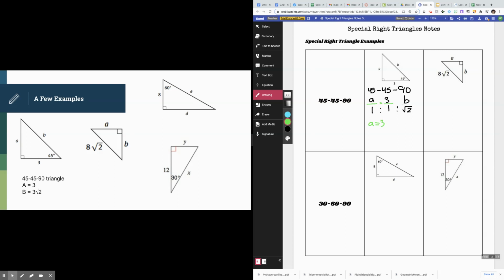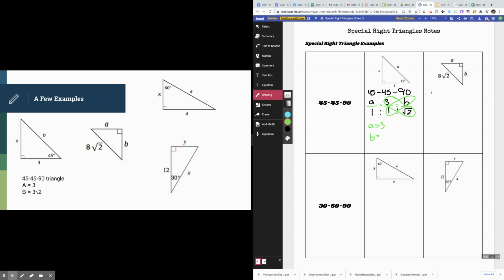Now, if I wanted to find B, that one's a little bit trickier, right? If I set these up in fractions and do the cross multiplication, I end up with 1 times B, which is just B, equals 3 times root 2. Whenever you're multiplying an integer or a rational number by something inside of a radical, you literally are just writing them right next to each other.